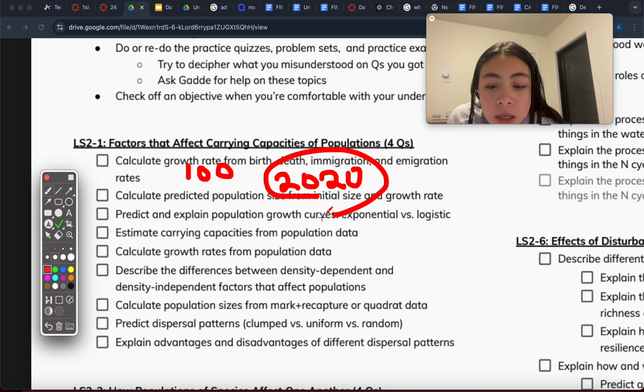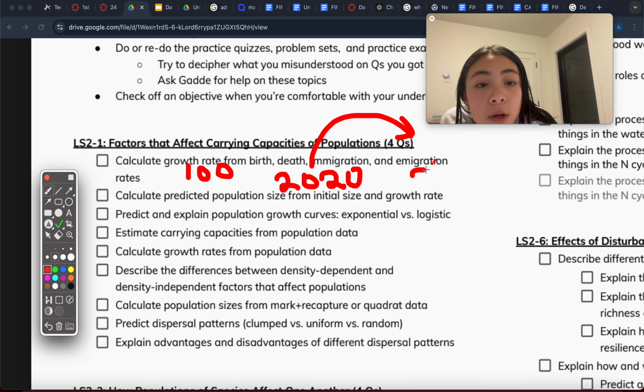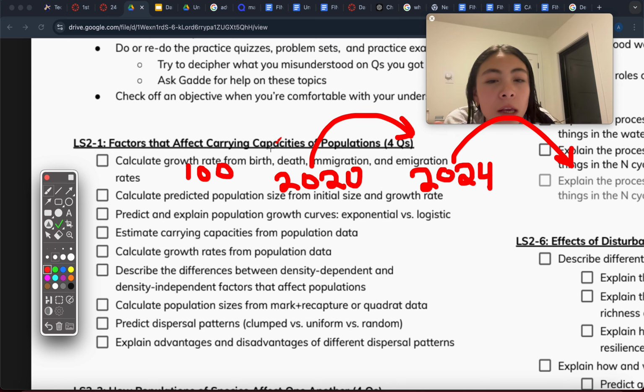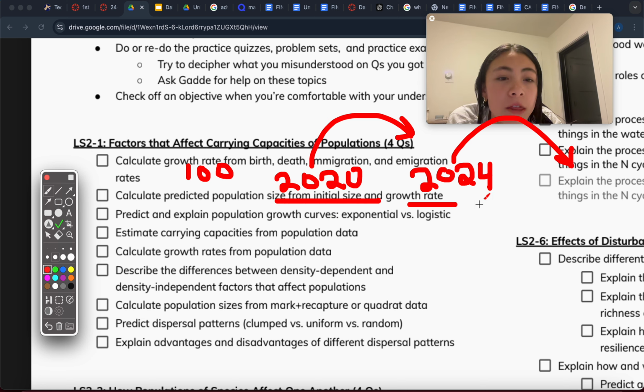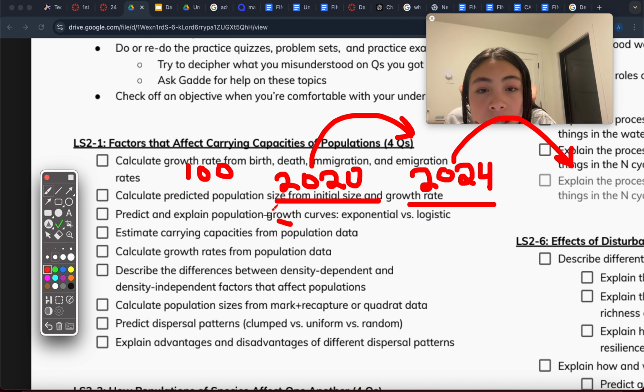Then you'd want to use this, because that'd give you 100 years from 2020. But if you were to use 2024, that'd give you 100 years from 2024. So they're not the same. That gets you 20 years into, this would be 2040, and this would be 2044. So there's a difference. You just make sure that you add it to this one.